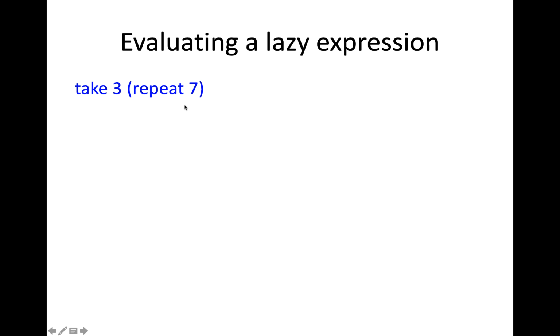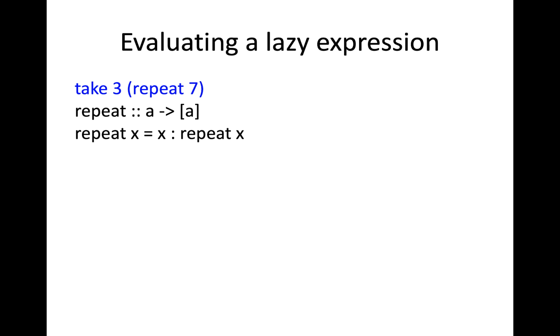Okay, now if you are interested to know what happens under the hood, how Haskell can work with this virtual infinite list, then we have to understand how exactly this take function works. That will make us understand this basic notion of lazy evaluation. So first let's define this repeat function, which is similar to that my range thing in the previous slide.